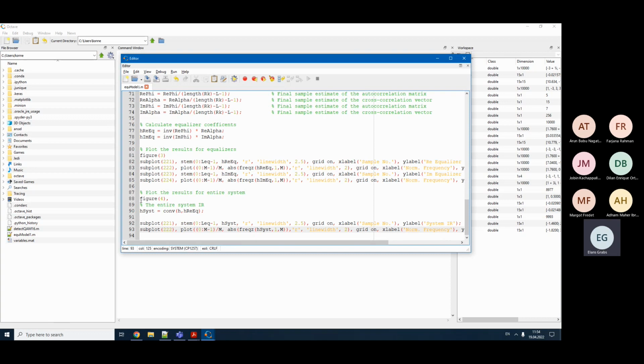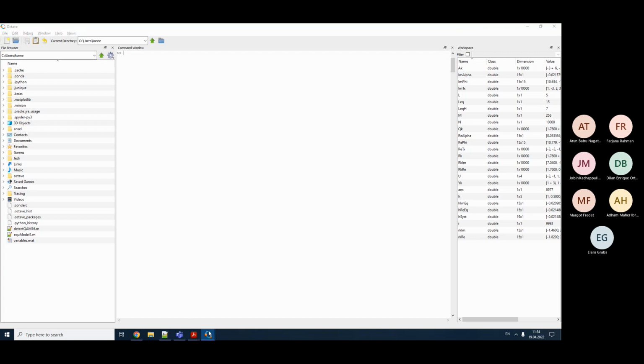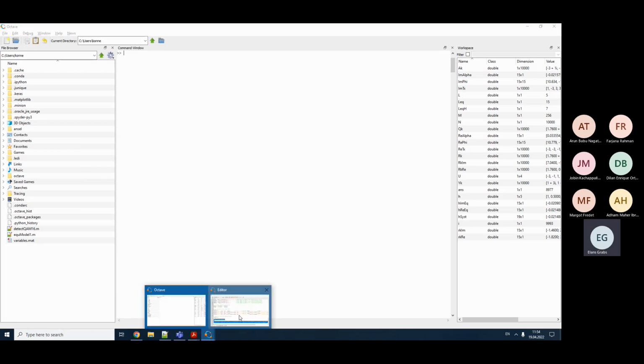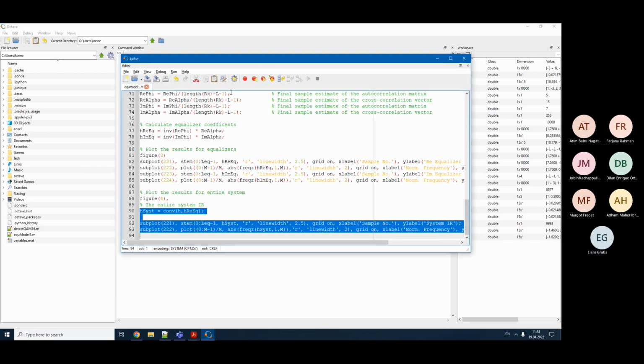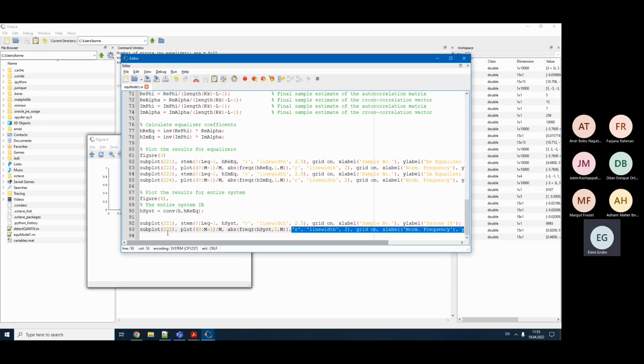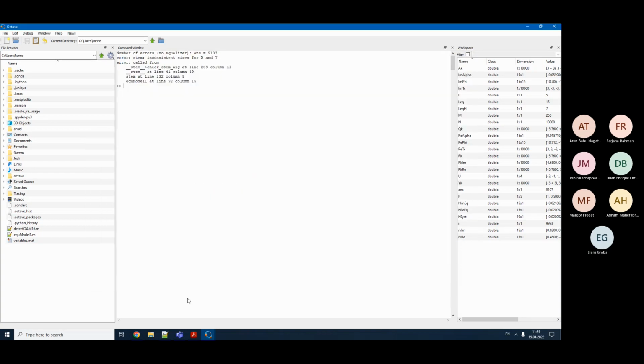So once again, I prefer to try and run this in a faster way. And something is missing. Okay, let me just try and run it. Figure 3, figure 4. Wait a minute, I need it to be 1 and 2, 1, 2. Some error. Wait a minute, what happened?